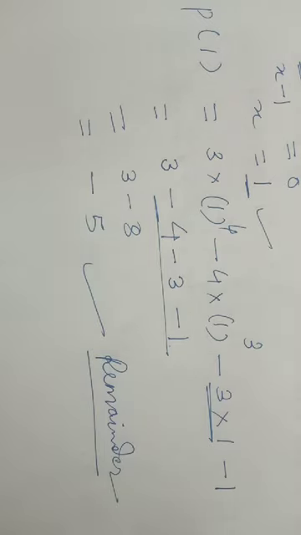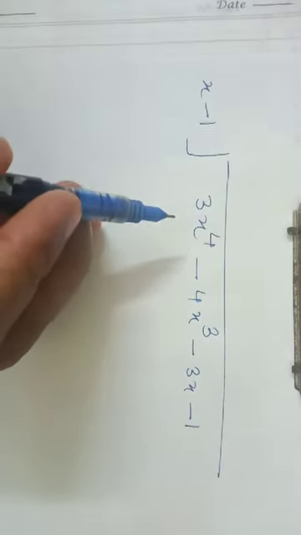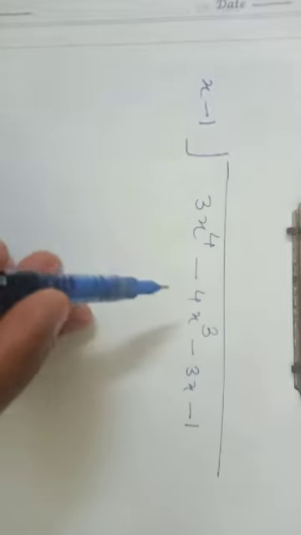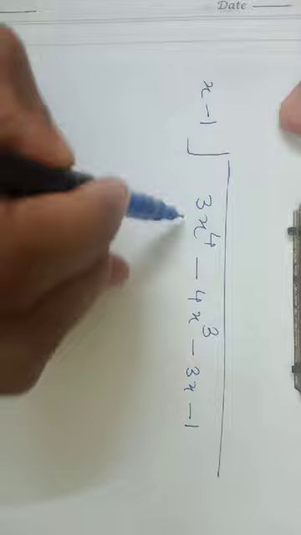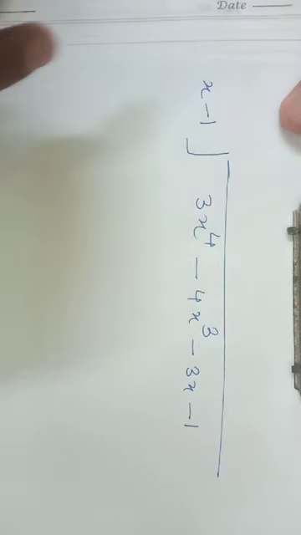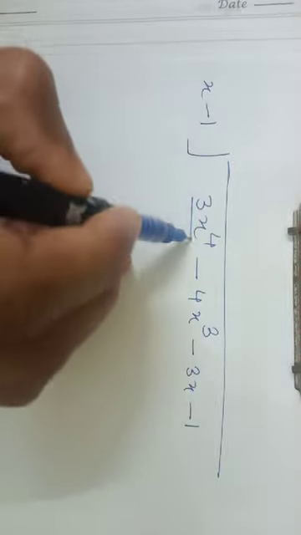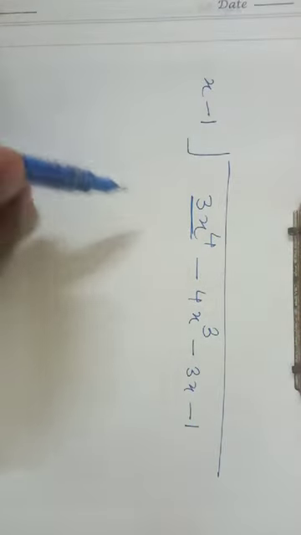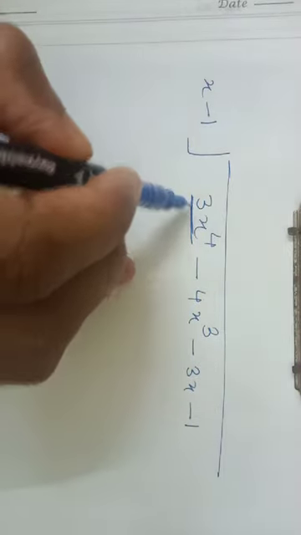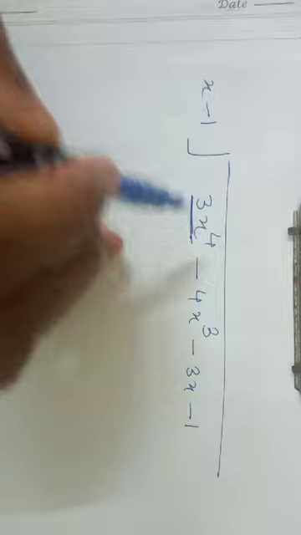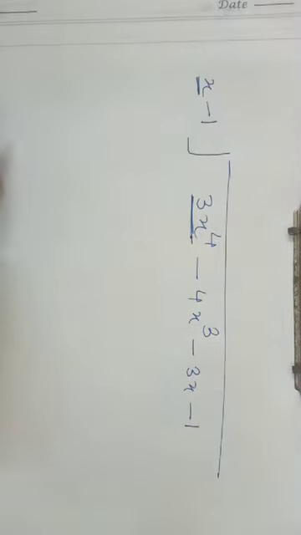Okay, let's see how to divide it. For the long division method, we should divide that polynomial using x minus 1. Now we should observe the first term of the dividend polynomial and the first term of the divisor polynomial.